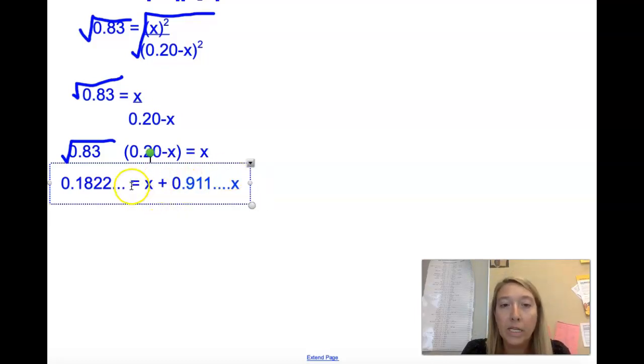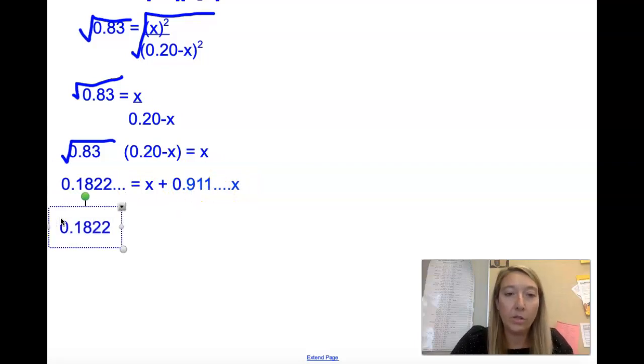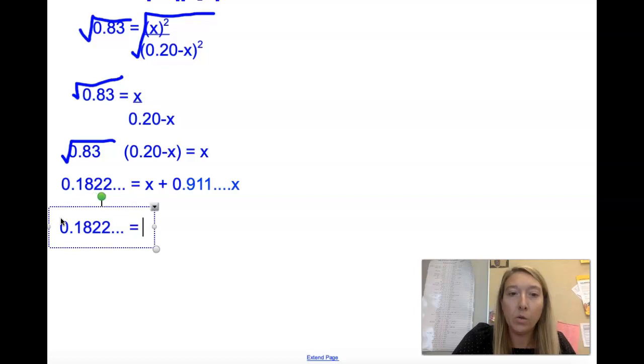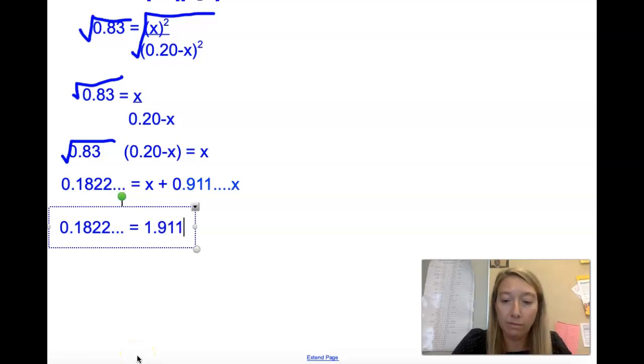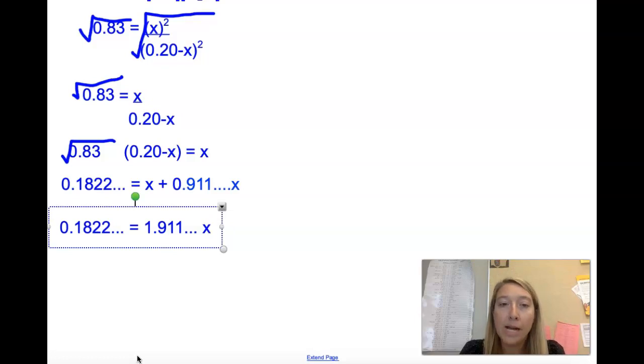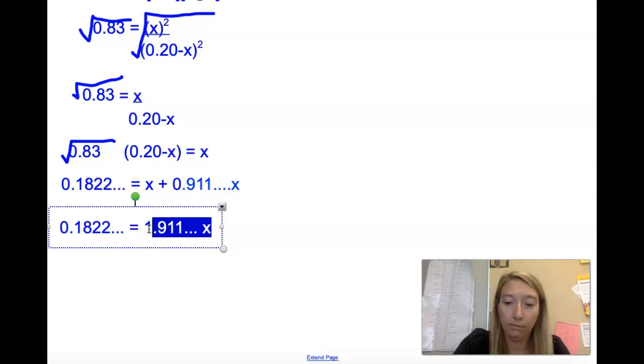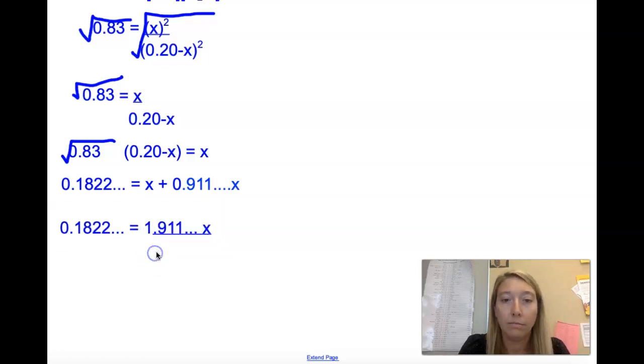Okay, now we need to combine these two together. So we still have that 0.1822 is going to equal, so x plus 0.911x is going to be 1.911x. Okay, so once we have that, to isolate x, we need to divide both sides by that 1.911.